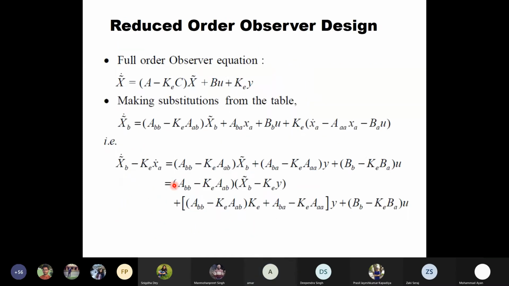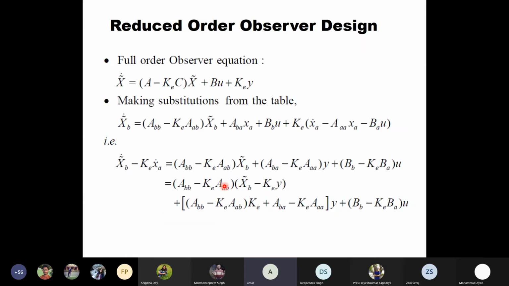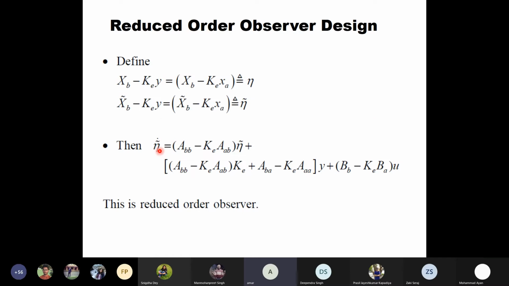So the basic step is the formulation of the reduced order state equations. And when you do the reduced order state equation, the reduced order observer is formulated in terms of this, that means in terms of eta. So for reduced order observer calculations, we are basically estimating eta, where eta is nothing but xp minus KE y.